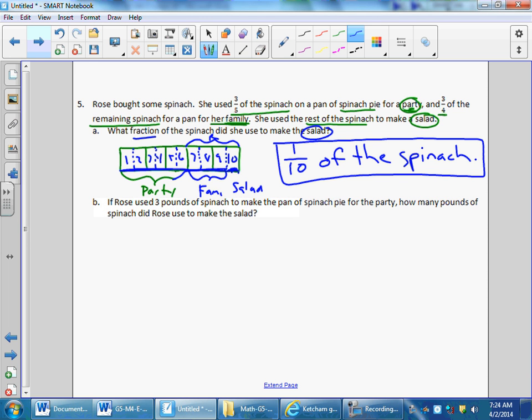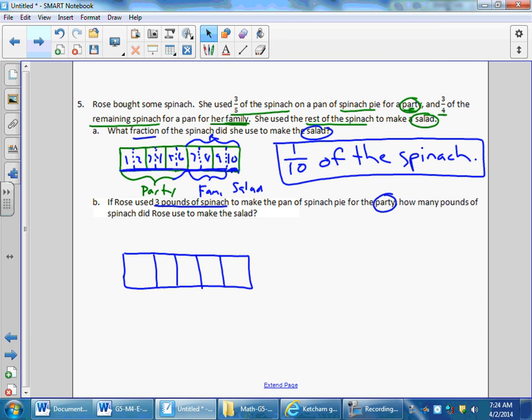If Rose used 3 pounds of spinach to make a pan of spinach pie for the party, let me redraw what I have above. This is the party, which is 3 pounds.